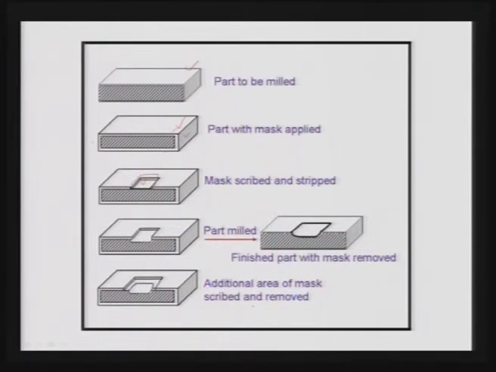Then you can put this part inside the etchant bath, and after that you can see that finally the part is machined to the desired depth and the desired cavity is obtained. So, here is the finished part with the mask removed, and here is the mask remaining. You remove the mask from the workpiece, then you will finally get this particular part.